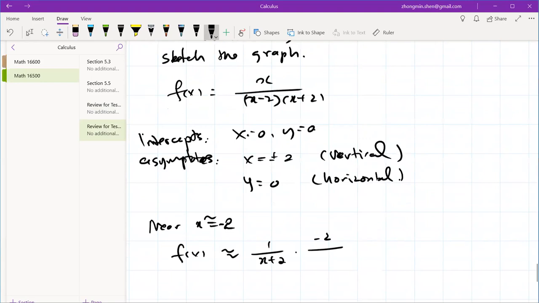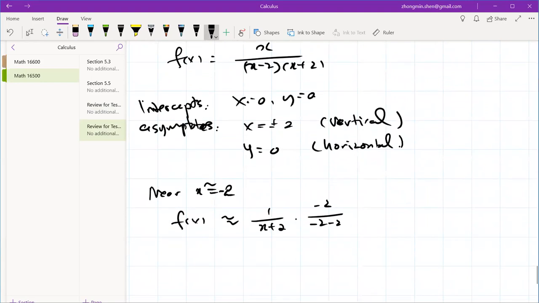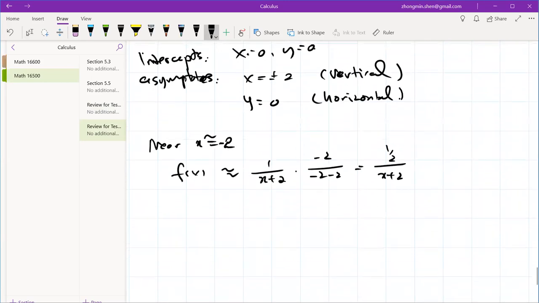Okay, it's going to be negative 2 minus 2 here, which is just 1/2. So that means the graph looks like this.